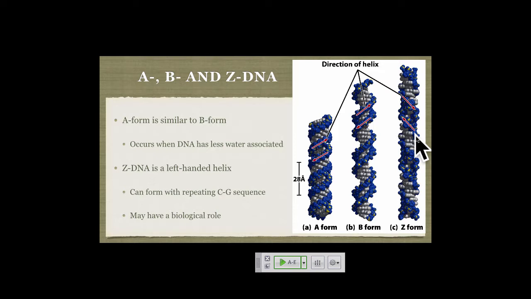The left-handed helix goes in the opposite direction. So the Z-form DNA was rather interesting because it literally flips into a left-handed configuration, and it got its name because if you trace the backbone, the sugar phosphate backbone through it, it follows a Z configuration. Right?